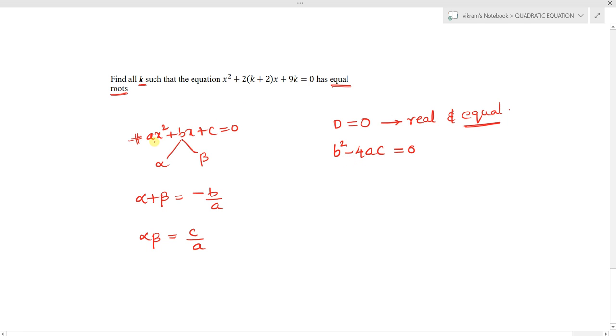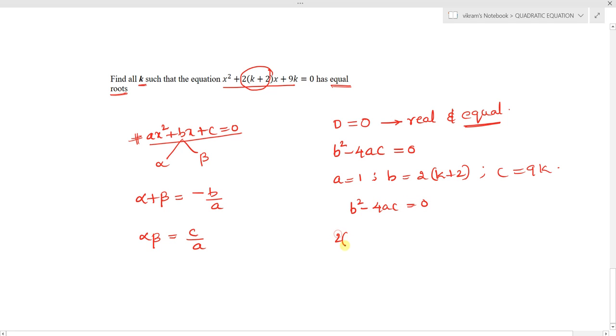Now compare with the general quadratic equation ax square plus bx plus c, so here a equals 1, b equals 2 times of k plus 2, and c equals 9k. Just substitute over here in b square minus 4ac equals 0.